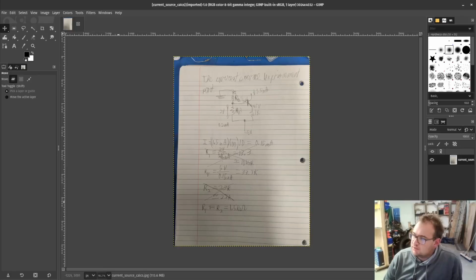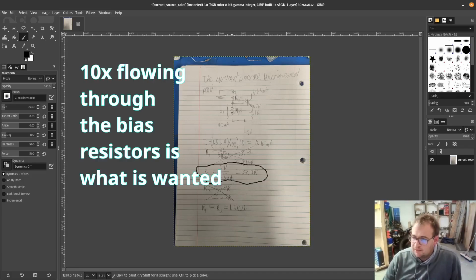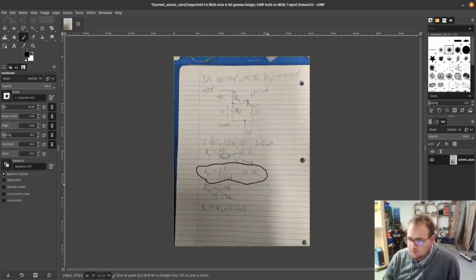So I just wanted to quickly go over what I was talking about in that last little segment. This is what the total resistance could be for this part, because we like to have the current flowing through the bias here be 10 times what we would need flowing into the base. So that would be about 33.3K.